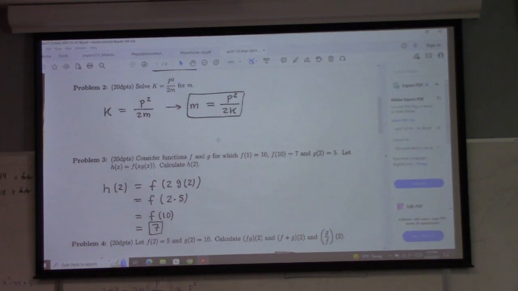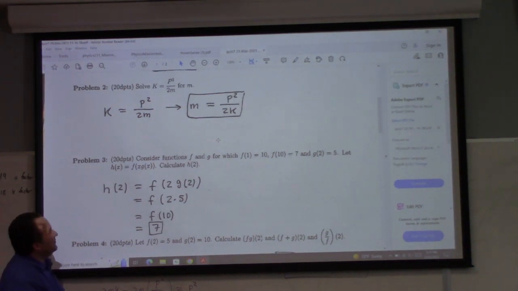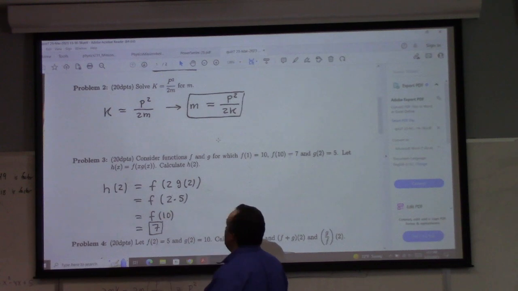So what was p squared divided by 2m, right? In my defense, I have my glasses not on right now. I can't really see any of you. Isn't it p squared divided by 2m? That's what's given. Yes, p squared divided by 2m. And so if you wanted to undo a division problem, you could multiply. Yes, but we'd multiply by the denominator. Fair enough.